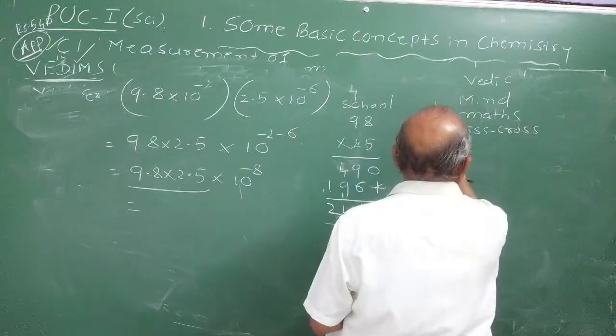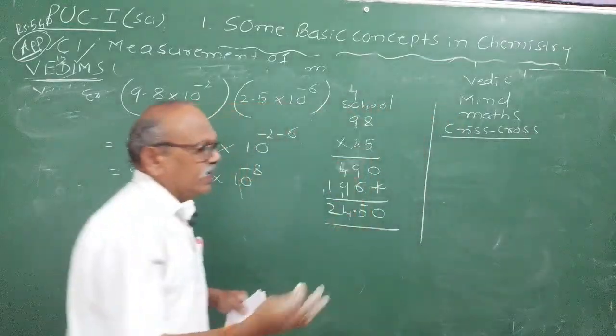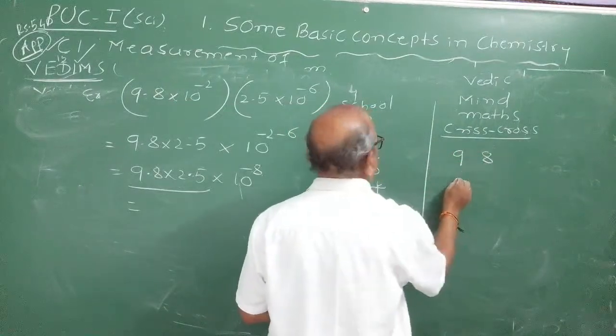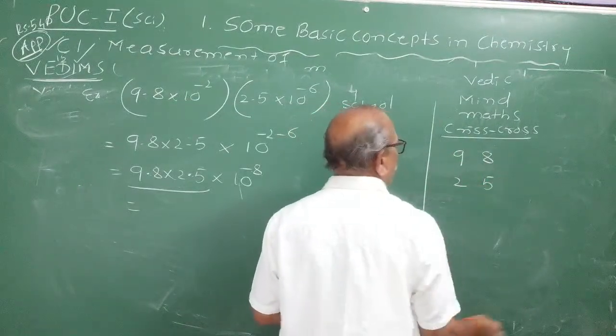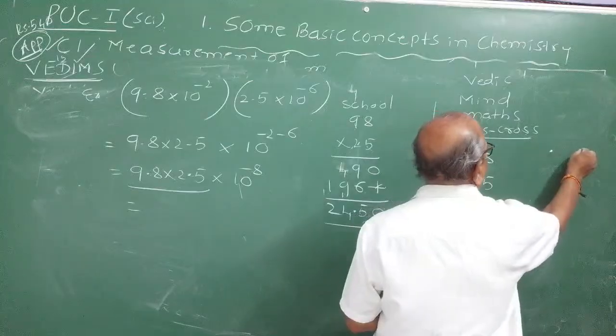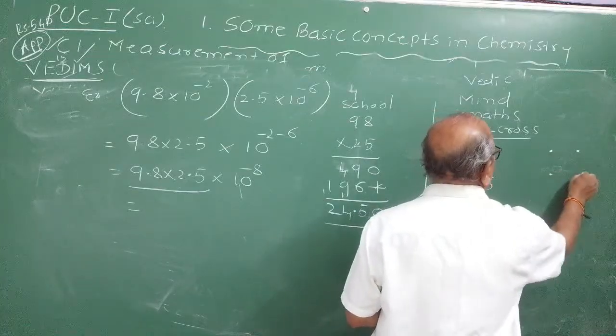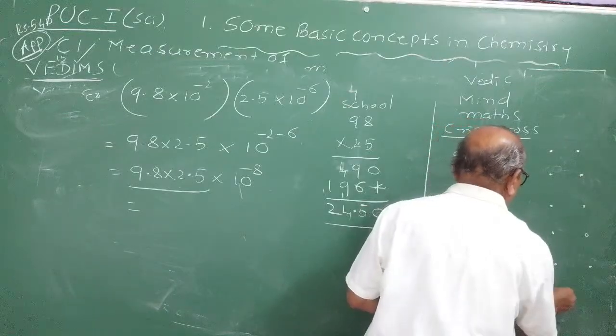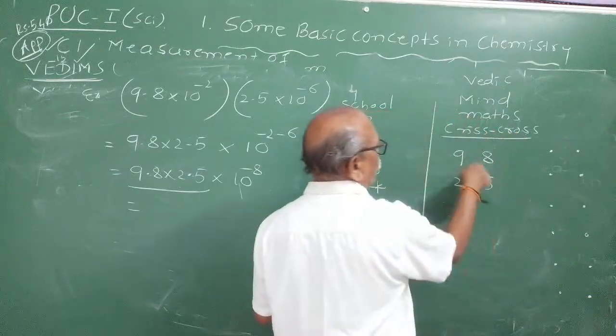I will show you 2 digits. Later I will teach you 3 digits also. Write 98 and 25. Now this crisscross method has got a system. Draw dots like this, 4 dots because there are 4 digits.